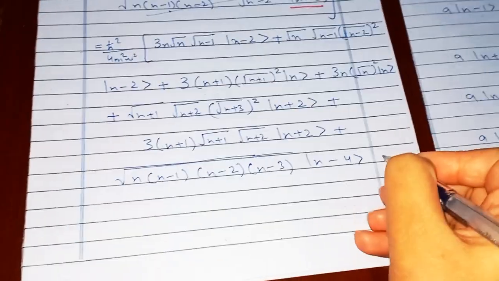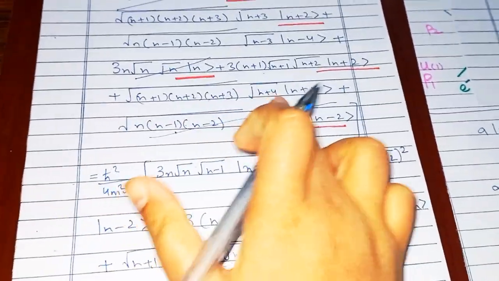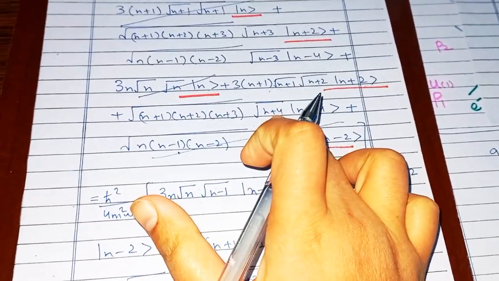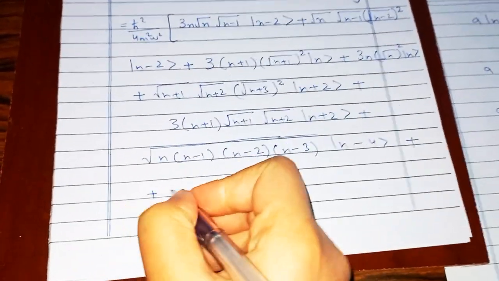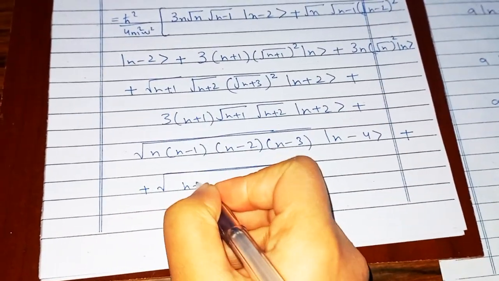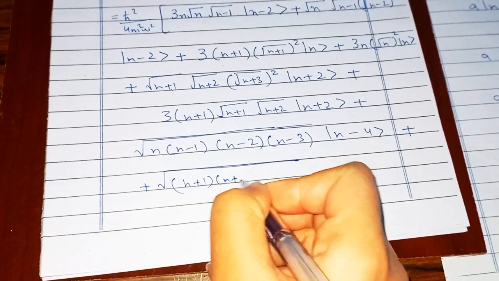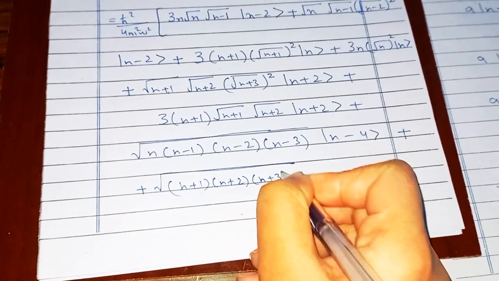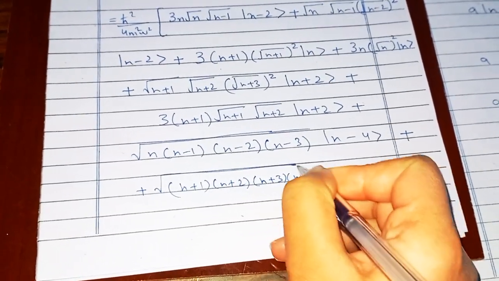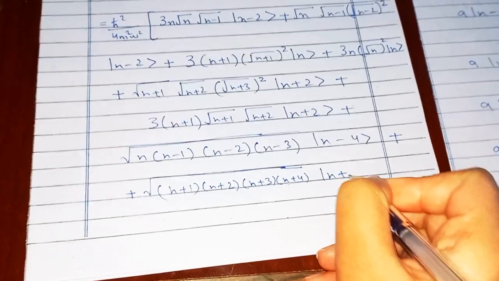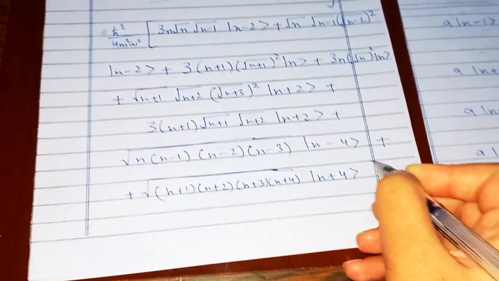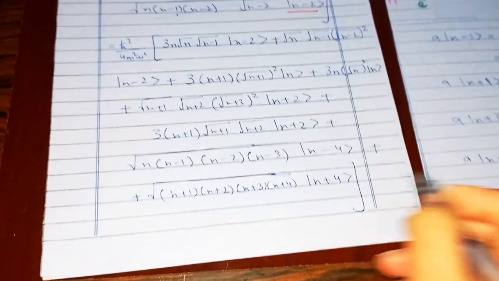And minus 4 plus the last term, we'll write the n plus 4 factor inside of this under root as well, because they are all under roots, so bring them together, n plus 4 ket, and we will close the brackets here.